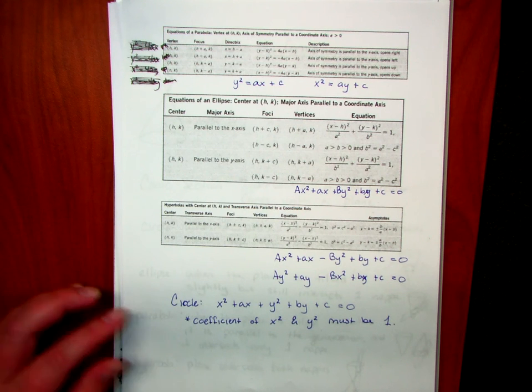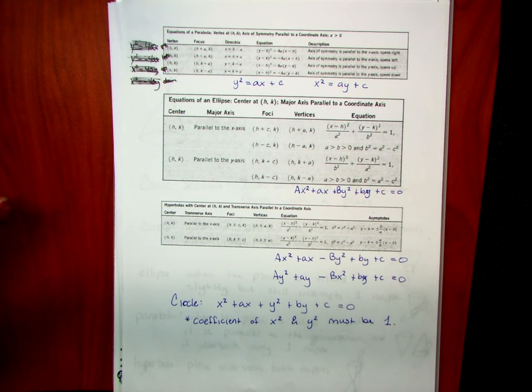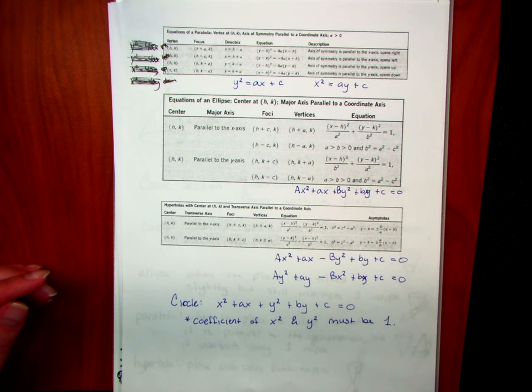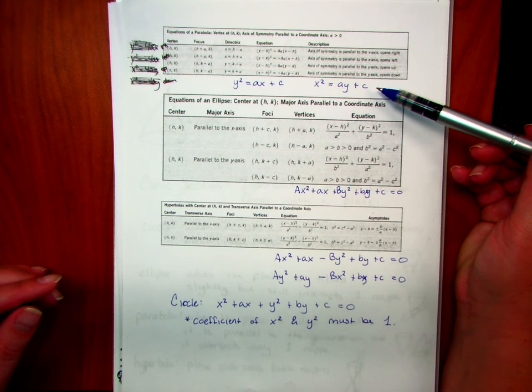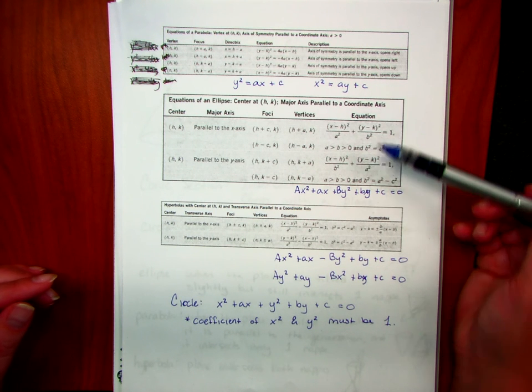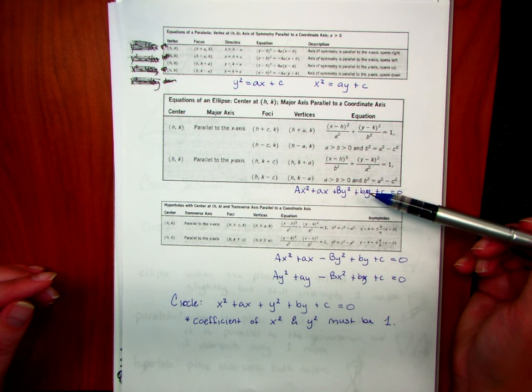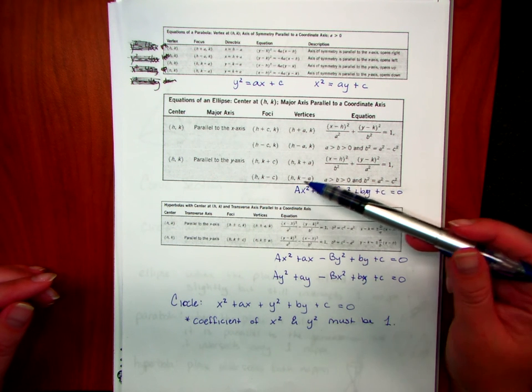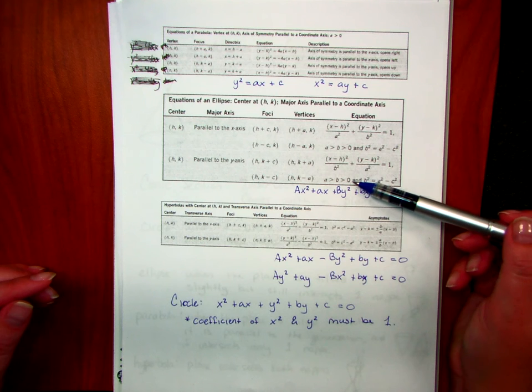Right, so I looked at the final exam, and I noticed on the final exam you're just having to identify conic sections from their equation, and so I just want to practice that on the next page. All right, so remember, if only one of the x or the y is squared, you have a parabola. If you have both x squared and y squared, they're both positive, and there are numbers in front of the x squared and the y squared, this is an ellipse.